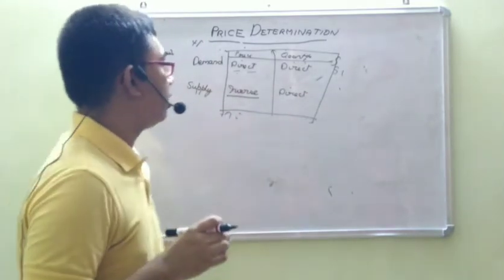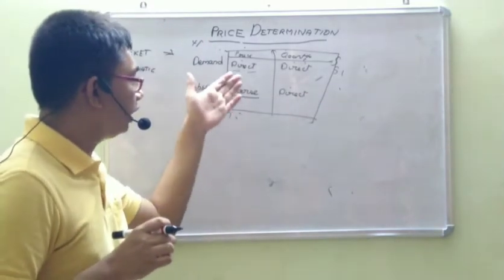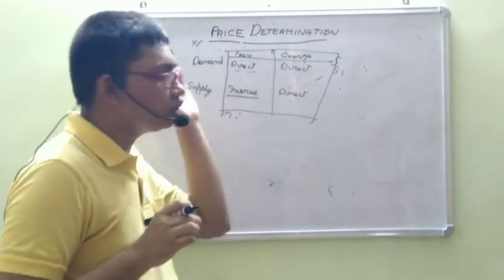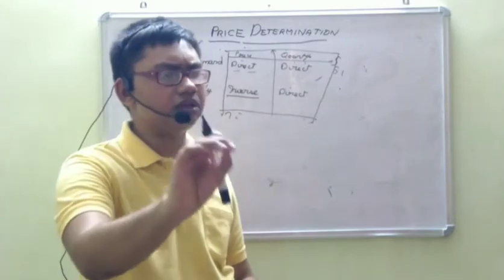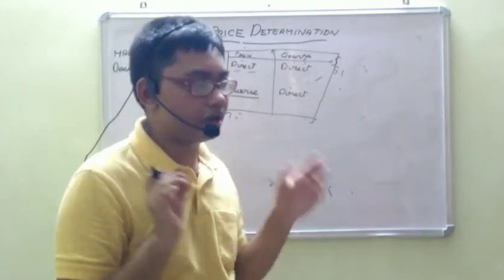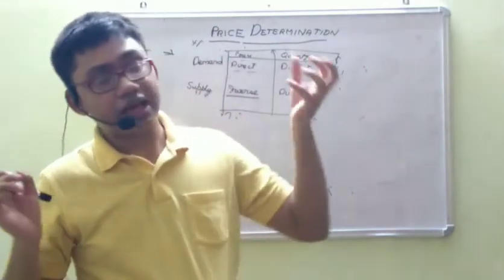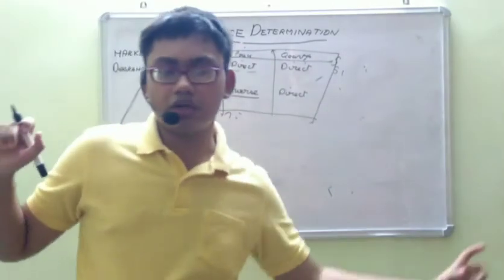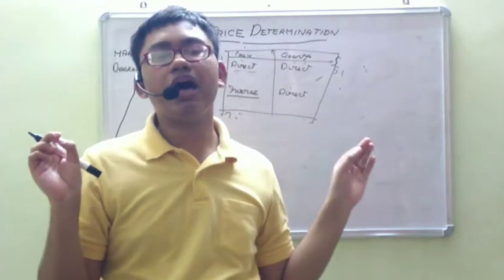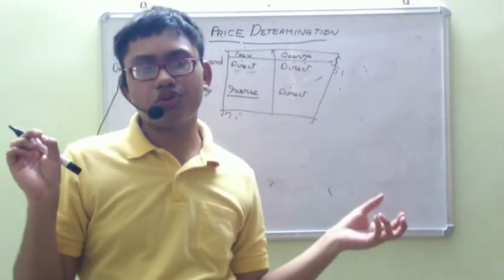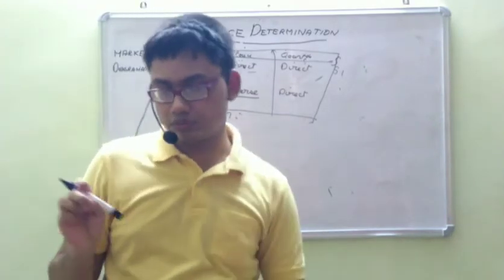So the basic thing we know is that whatever change in demand happens, it has the same sort of direct impact on price and quantity. Whatever change happens in supply has a direct impact on quantity and an inverse impact on price. So, if they are changing in the same proportion, there is not much to do.